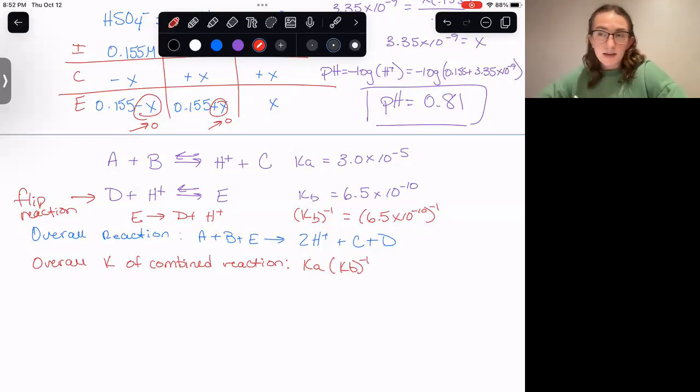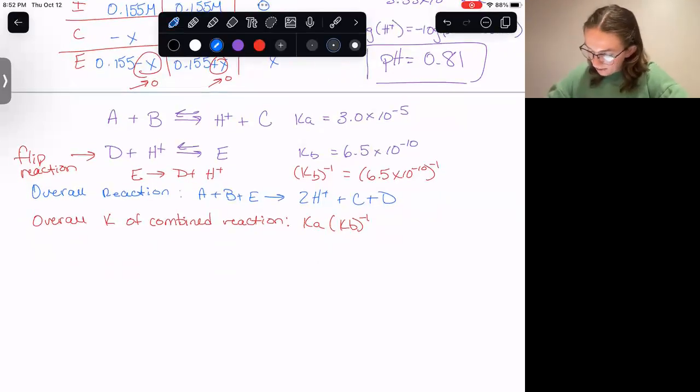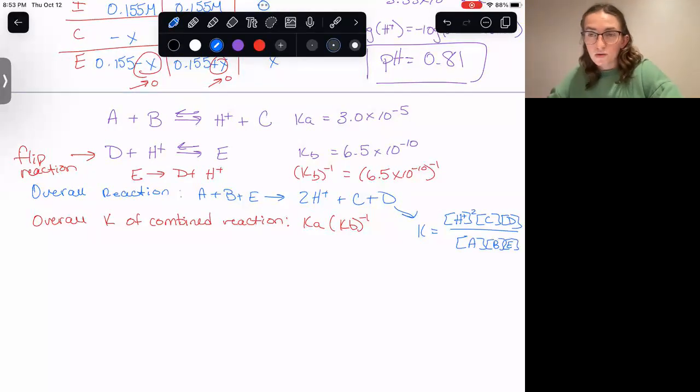Okay, we're adding the reactions together, but that means you need to multiply the K values, because when you write out the K for this overall reaction, we get H plus squared C times D all over A times B times E. And in order to get to that, you had to multiply your Ka times your Kb.